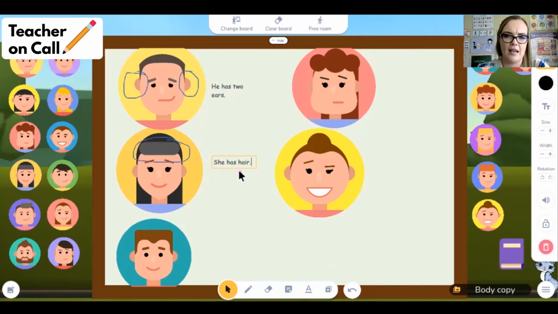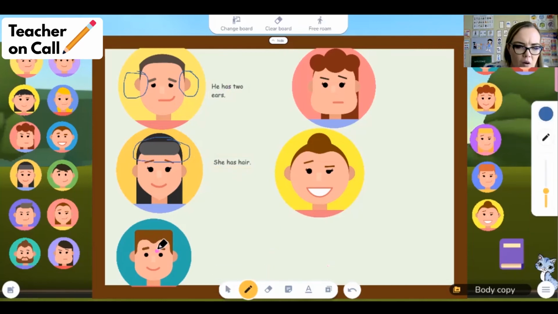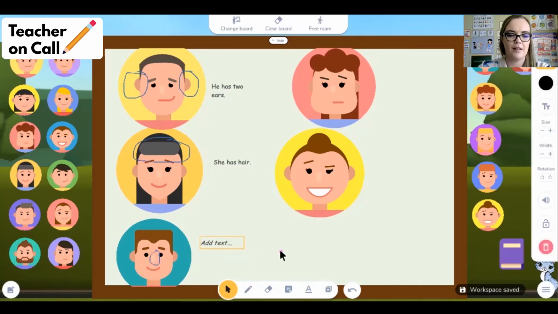She has hair. What does she have? She has hair. What does he have? He has a nose. What does he have? He has a nose.